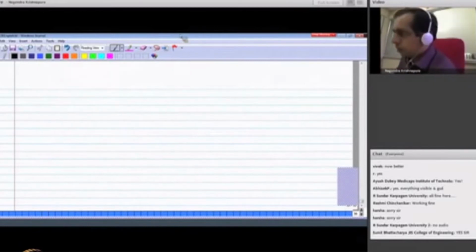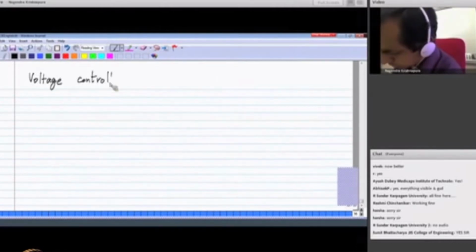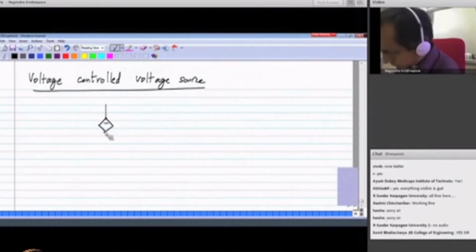Now, what is the meaning of a voltage controlled voltage source? A controlled source is denoted by this symbol.